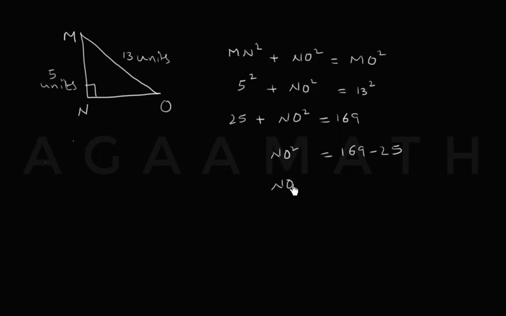So NO square is equal to 144. So NO is equal to under root 144. What is the square root? That is 12. So here NO is 12 units.